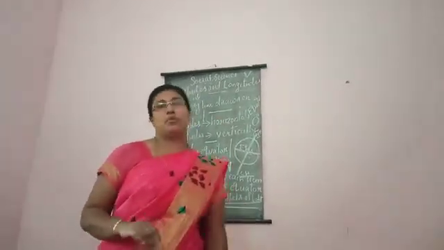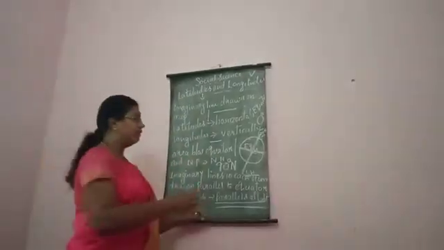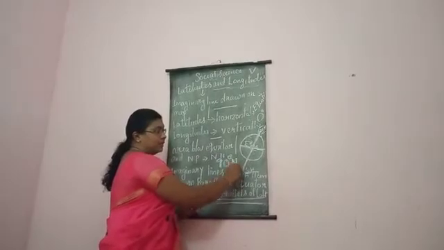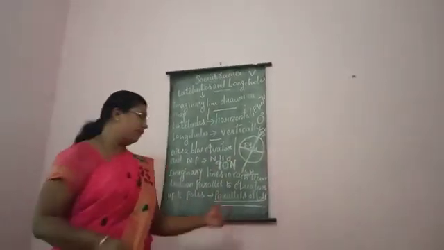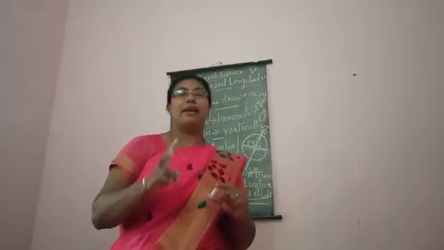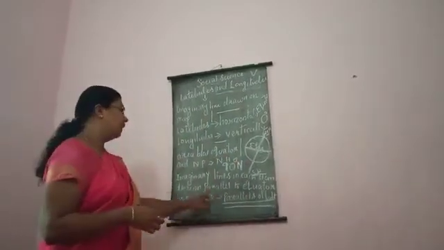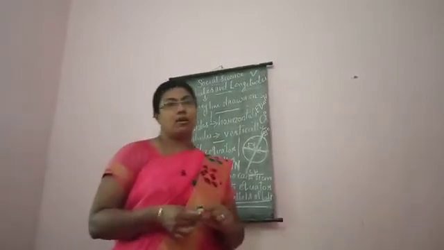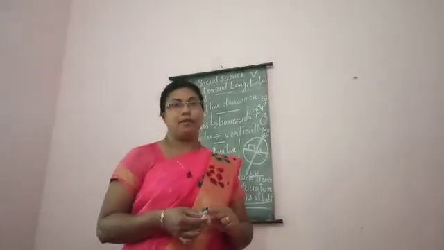While writing the degree, we write the number first, then the degree symbol, then the capital letter N. The lines drawn parallel to the equator up to the poles are known as parallels of latitude.